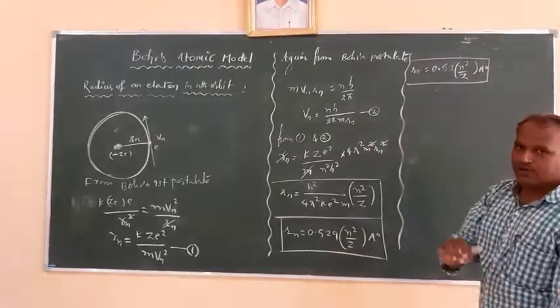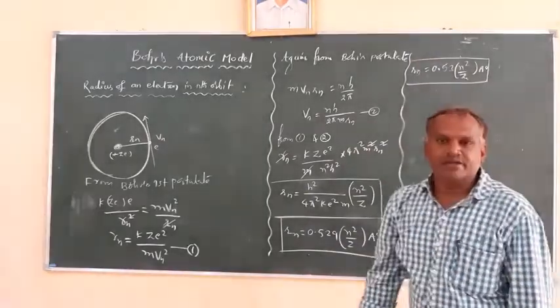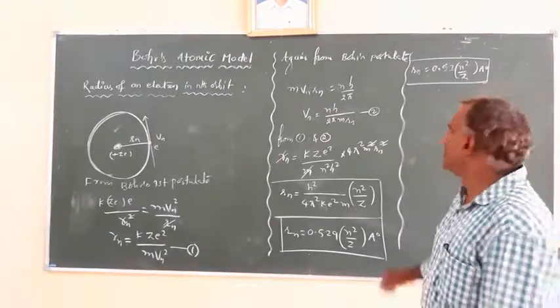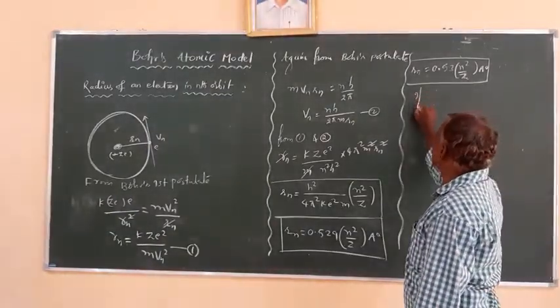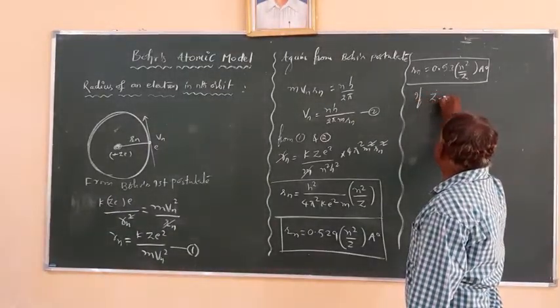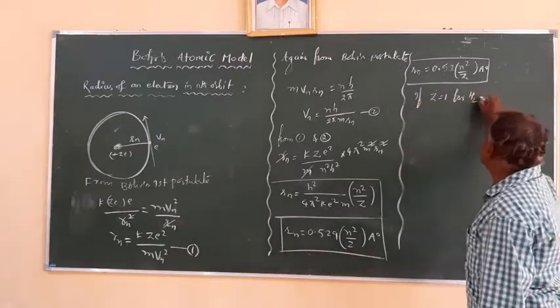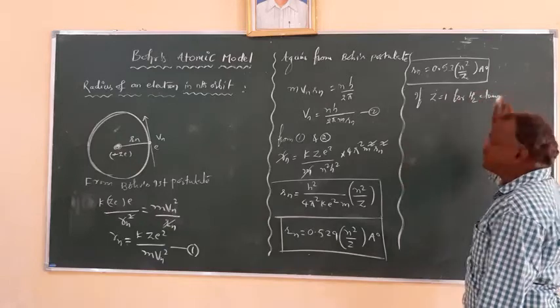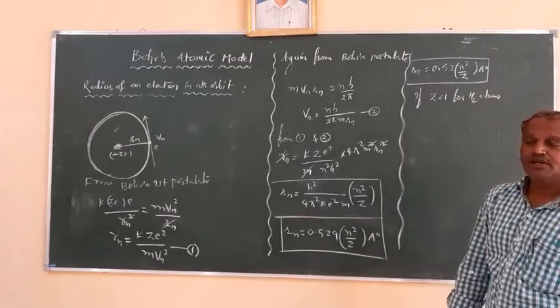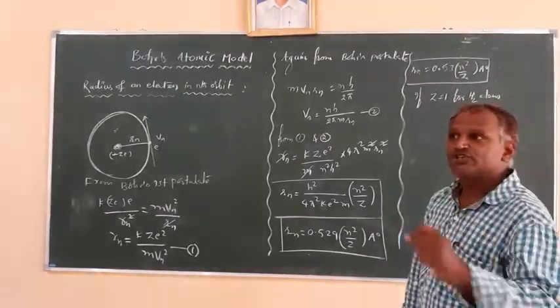If it goes for hydrogen-like atoms where z is equal to 1, what is the radius of the electron revolving in the first orbit?